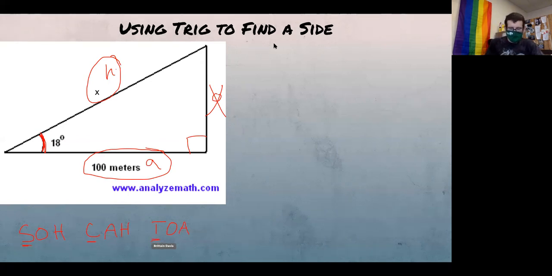So knowing that I'm dealing with the adjacent and hypotenuse, which trig ratio would I want to use for this problem? Sine, cosine, or tangent?